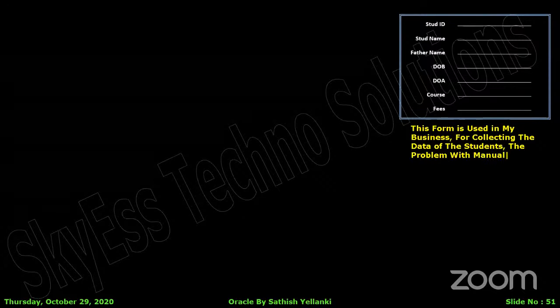The problems with manual data entry: first, data is not uniformly collected, because different people can write the data in different ways, and everybody may not give spellings in a very proper way.